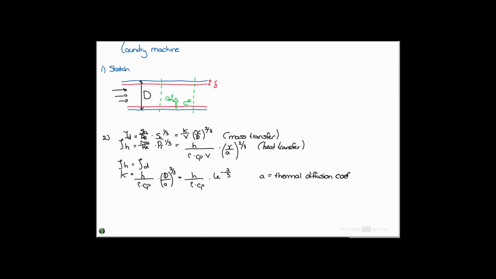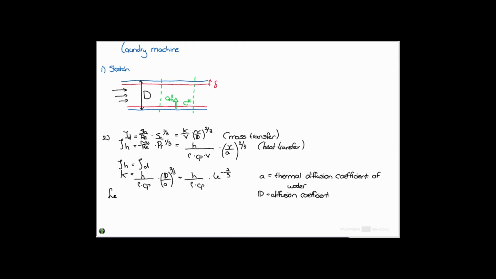So A is the thermal diffusion coefficient, and the D is the diffusion coefficient of the sediment. So we've got the formula for K.